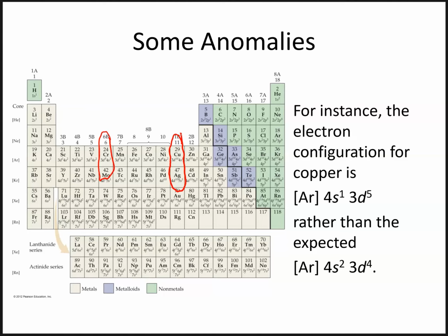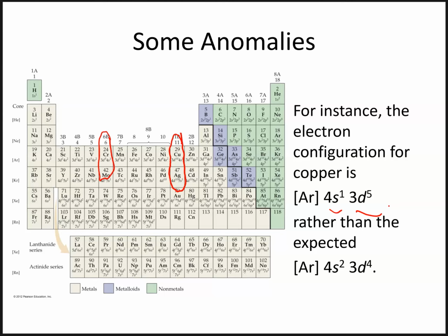D orbitals, if they're 1 away from being half full or completely full, will steal an electron from the s orbital and fill up the d orbital, or halfway fill up the d orbital, because 2 half full orbitals, or 1 half full and 1 completely full, is more stable than having a state that isn't half or completely full.